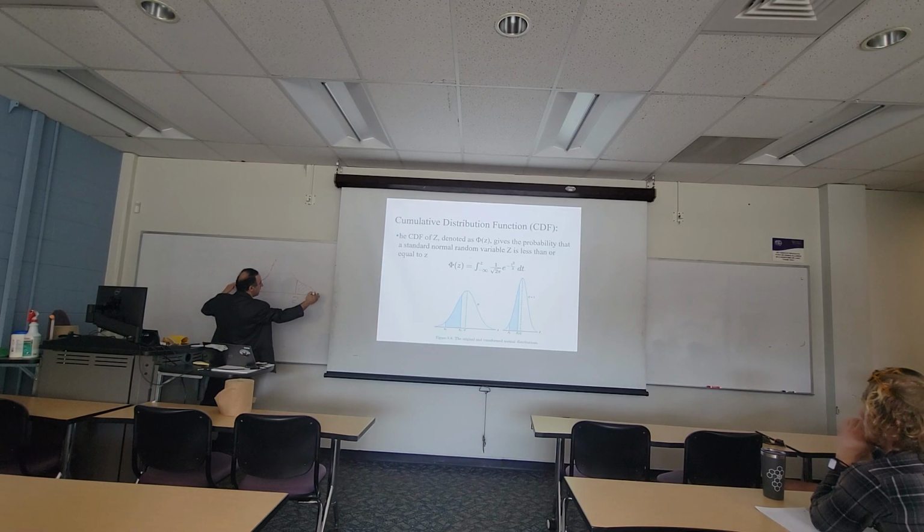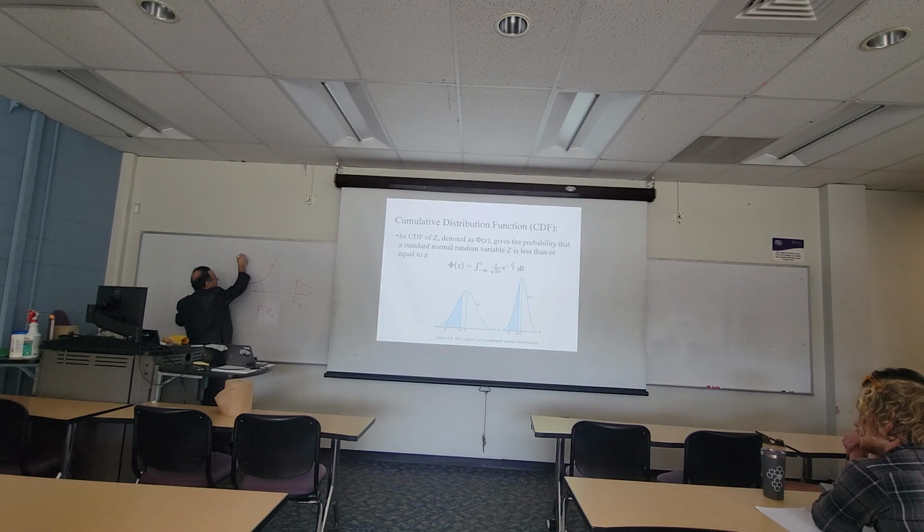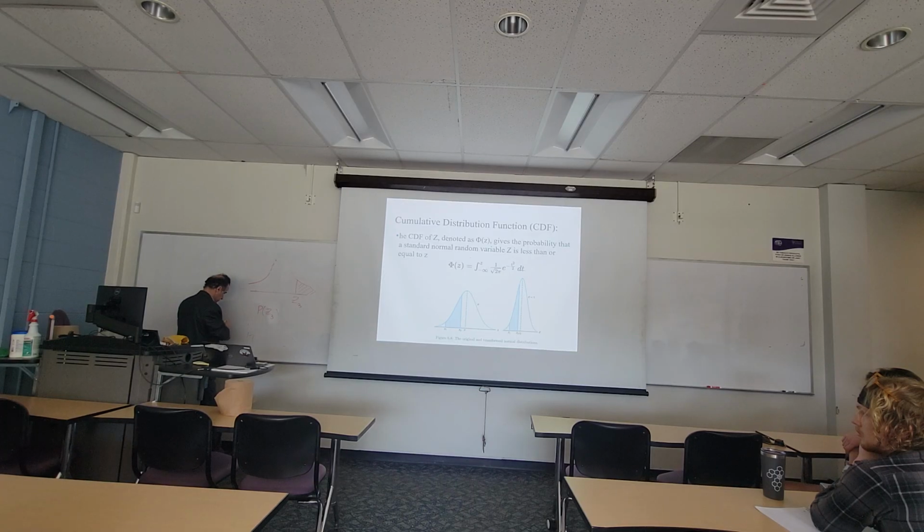What is this entire area? The entire area is always 1, the entire portion. So what we do is calculate this portion, minus 1, and that gives you this area.